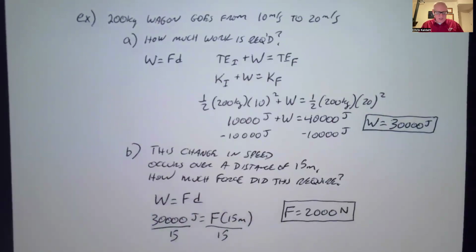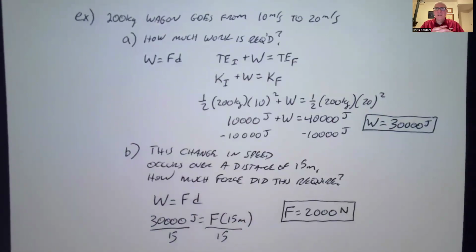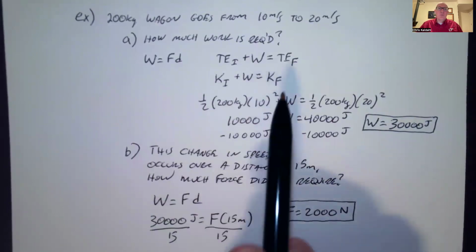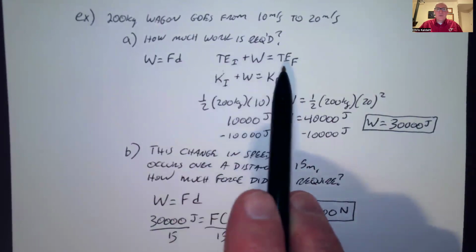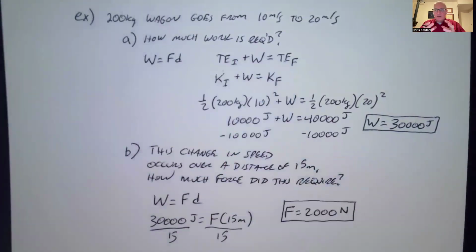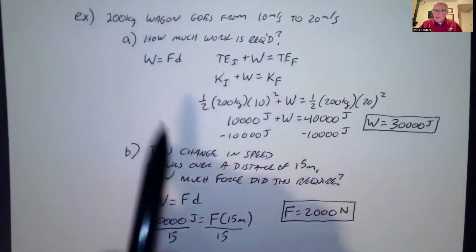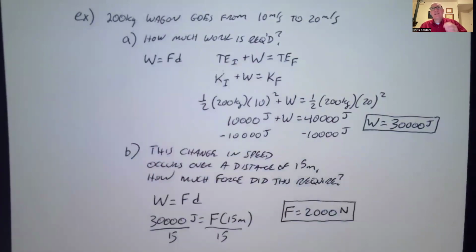So that's another example of how we can start tying together the ideas that work is an energy gain or a loss. We know that's going to make that total energy equation more complete. And we know exactly how work is calculated because it depends on two things, the size of the force and the distance.